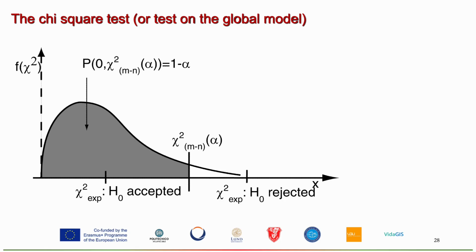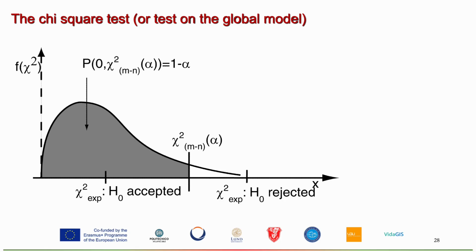Once the significance level has been decided, given the degrees of freedom of the problem, by reading the chi-square table, we can find out the chi-square threshold such that the probability to have the empirical chi-square at the left is equal to 1 minus alpha. The probability to have the empirical chi-square at the right of the threshold is equal or smaller than alpha.